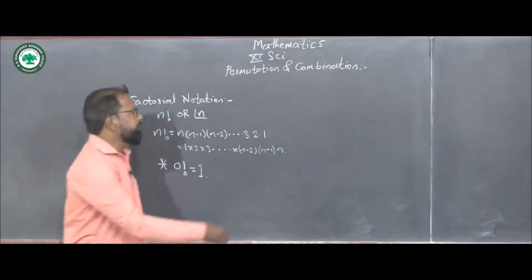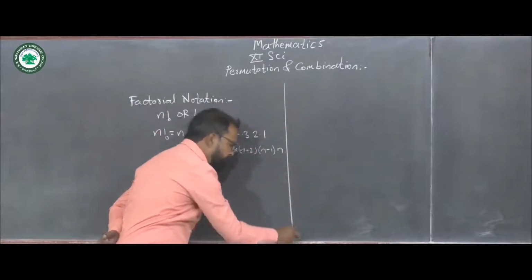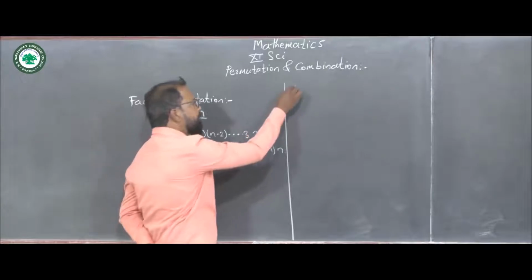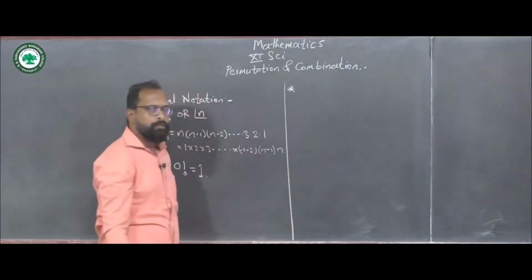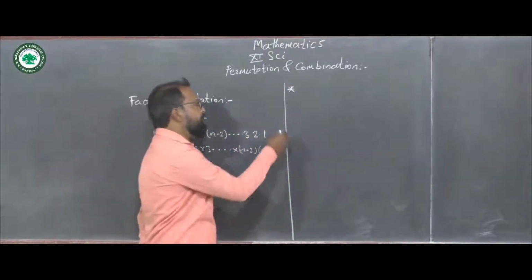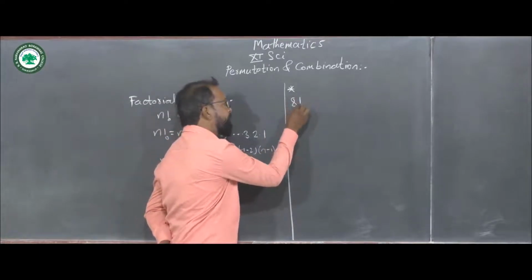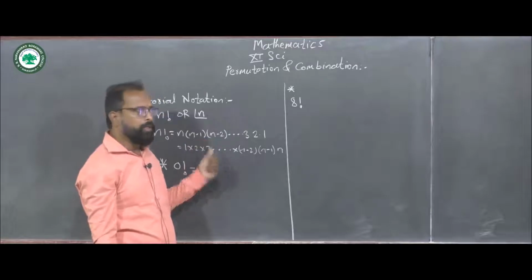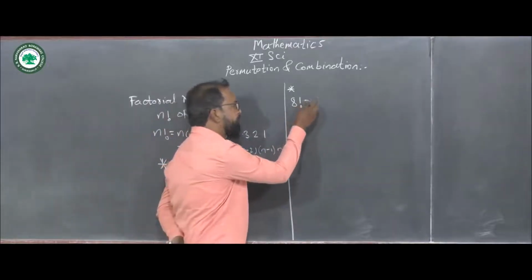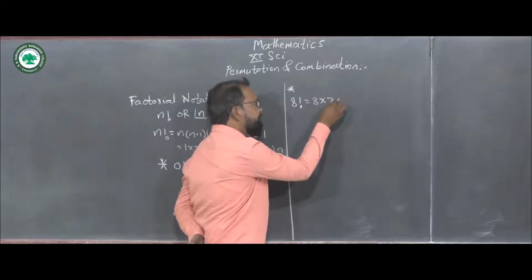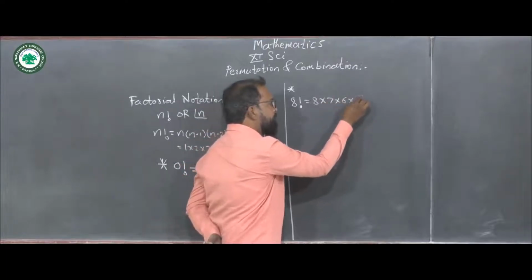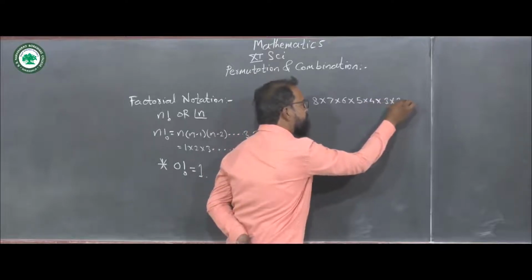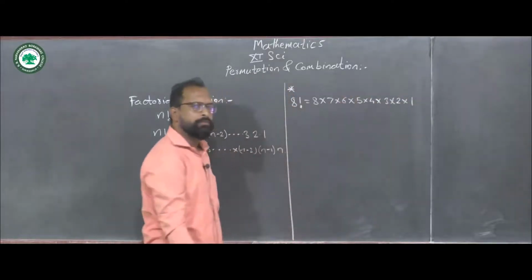Now here if we consider some properties of the factorial notation, suppose we consider one particular example. Suppose consider 8 factorial. Now by using the definition of factorial, the value of this 8 factorial will be 8 into 7 into 6 into 5 into 4 into 3 into 2 and into 1.